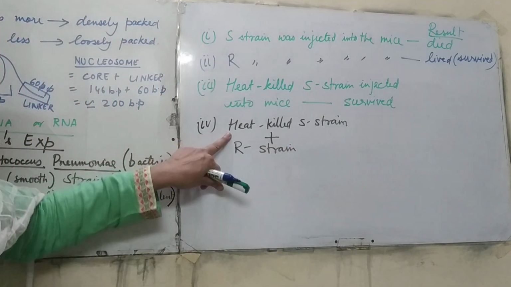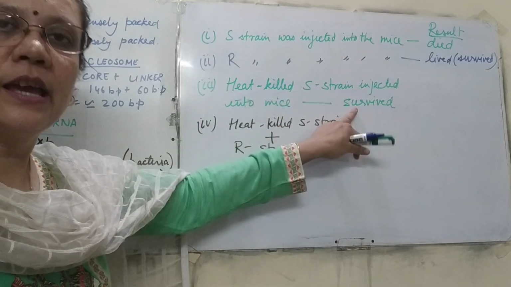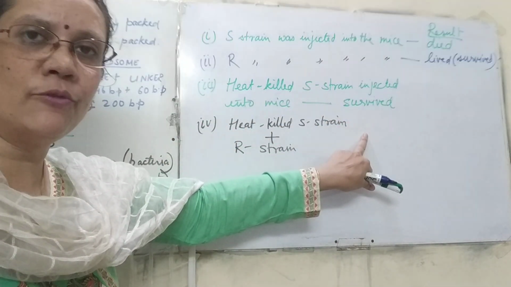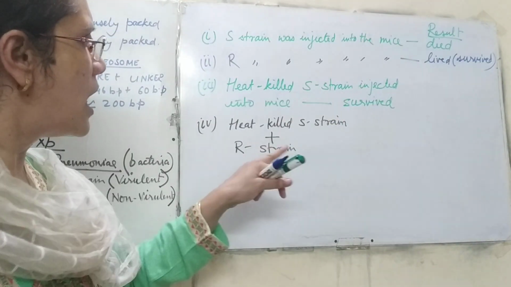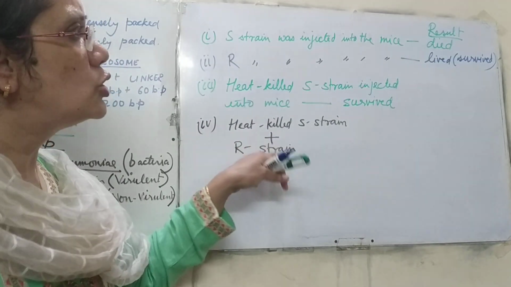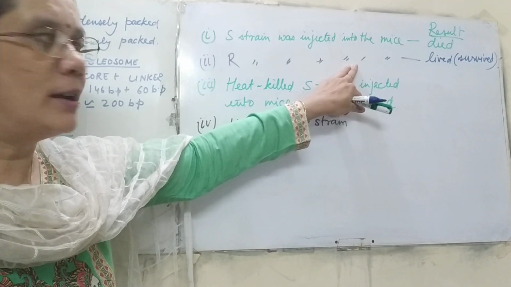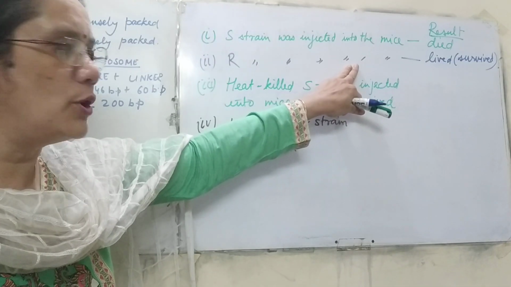Now see, heat killed obviously cannot cause pneumonia, because we have already seen that, so the mice survived. R strain, as it is non-virulent, cannot cause it either. So there is no chance of the mice dying because of pneumonia.